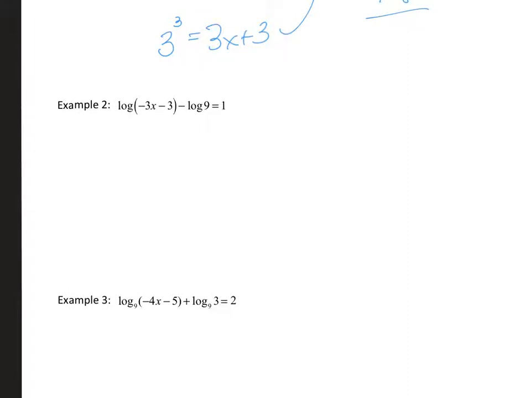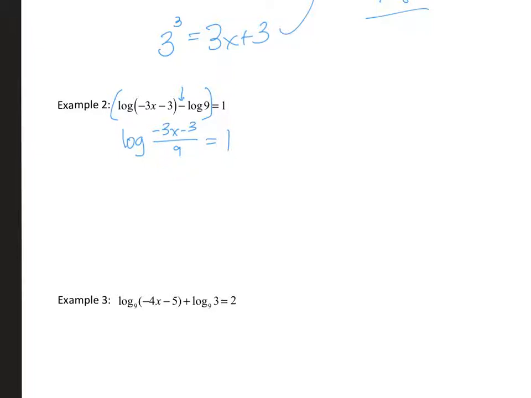All right, so again, there's a couple logs here, which I don't like. So I would rather condense it so that I have a single log instead of 2. So I'm going to have log, because of the subtraction, I'm going to be able to condense with division. Now I can't set this argument over here equal to 1 because I don't have a log on the other side.